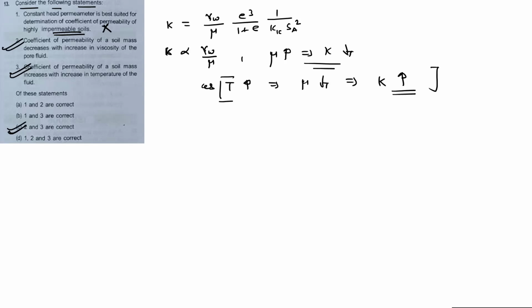So on these parameters, the permeability of soil will depend. It is not only the property of soil, but it also depends on other factors. So let me discuss in detail how soil's permeability changes or is affected by other factors.